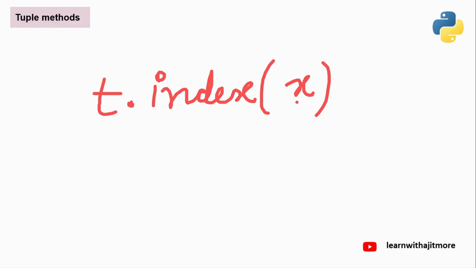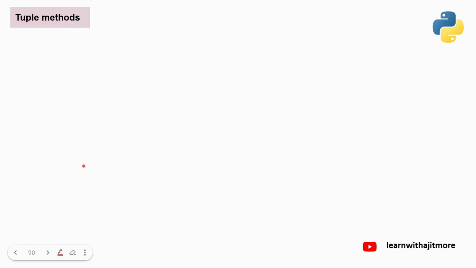It is going to search element x in your tuple and if it is found in the tuple, it returns the position. Okay, and if it doesn't find, if it is not present, it will give you value error. T dot index x, x not in t, like x is not present in the tuple. And if present, it returns the position where it is found.